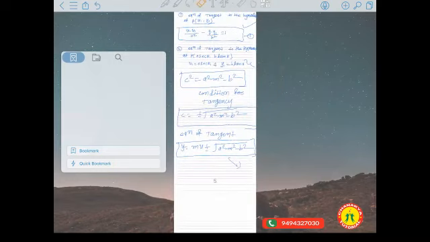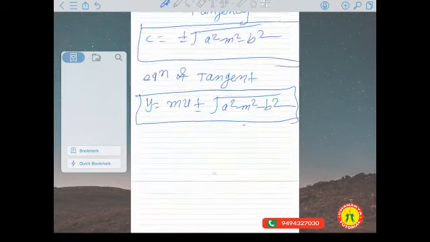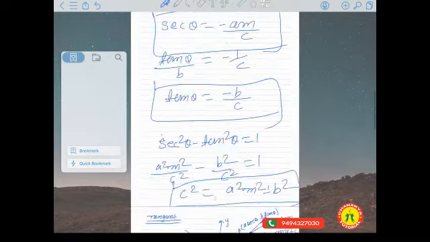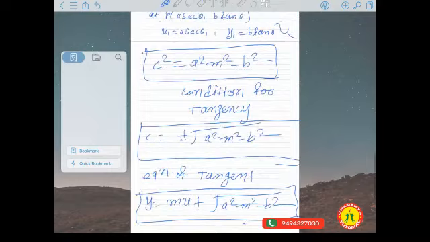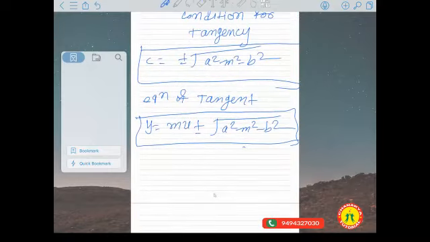And we know now how to get these things. So we need to know how to use the identities, sin square theta plus cos square theta, sec square theta minus tan square theta equal to 1. So we get the answer. Similarly, equation of tangent to the ellipse में क्या होता है, यहाँ पे प्लस हो जाता है, राइट?